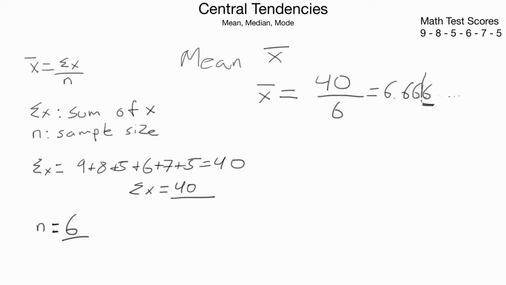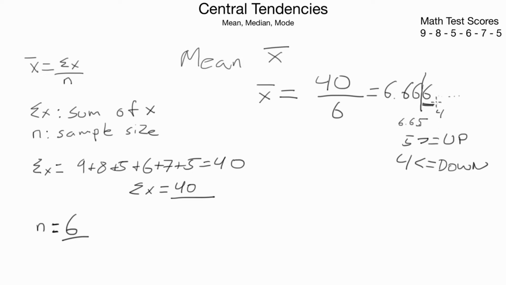So if the third value is 5 or more, we round up. If the third value is 4 or less, we round down. So if this value here was 4, our mean would be 6.65 because we round this value here down.